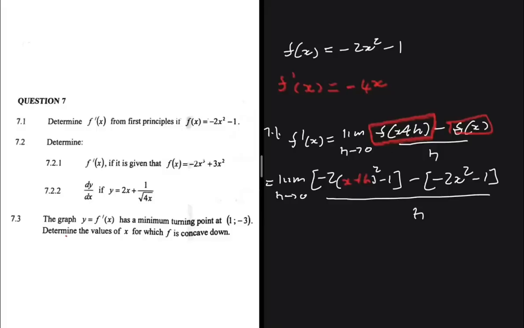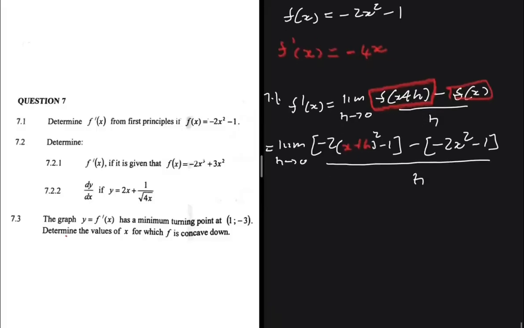Now we just have to do a bit of algebra. Let's go ahead and do that. So we're going to have the limit as h tends to 0 of minus 2, and then x multiplied by x, that is x squared. x multiplied by h is xh. You multiply that by 2, you get plus 2xh, and then h multiplied by h, that's h squared, right?